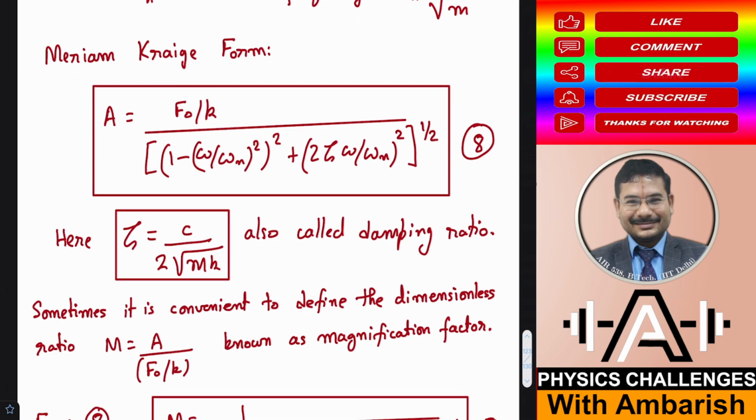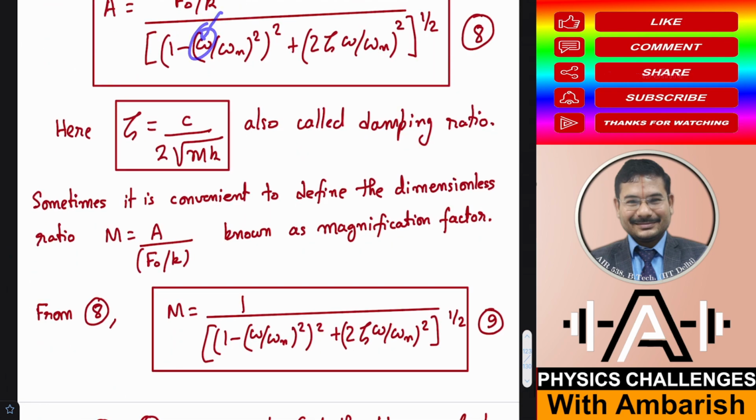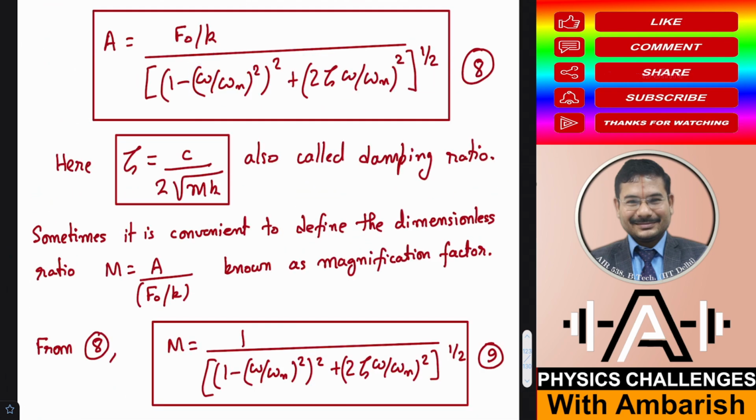We can study how the relative amplitude varies with the driver frequency omega. If you do that, equation 8 can be rearranged in this form, where M is a upon f naught by k. So this is your magnification factor varying with omega, the driver frequency. Here omega n is the natural frequency, and zeta, as I told you, is c upon 2 root mk. It's also called the damping ratio.